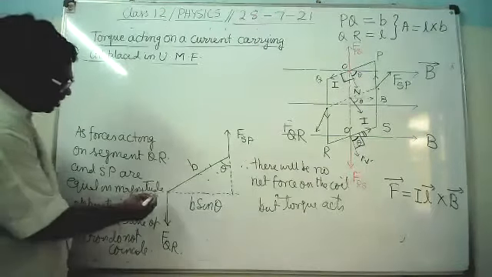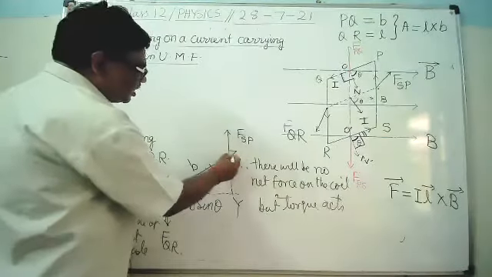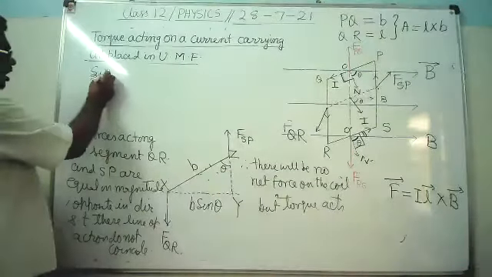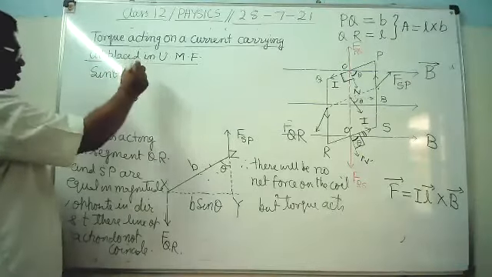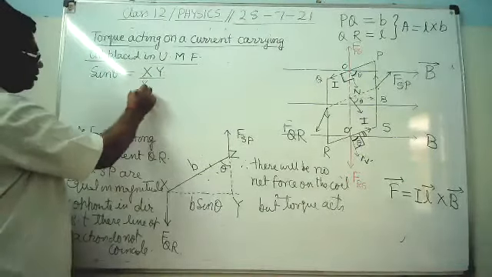If we name this as X, this as Y, this as Z, then by applying sin theta, sin theta equals XY upon XZ.